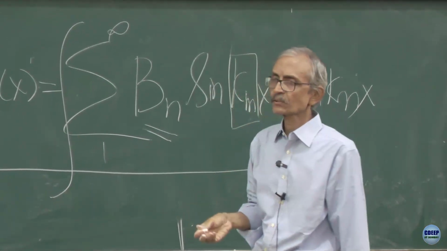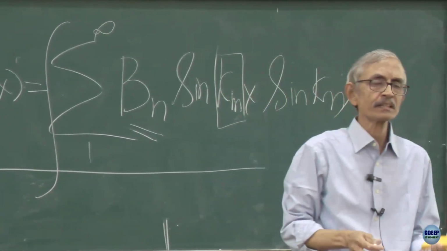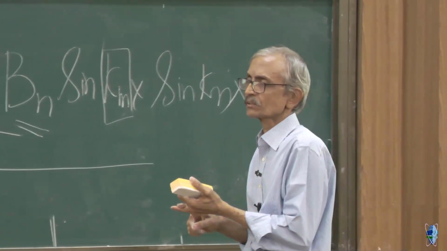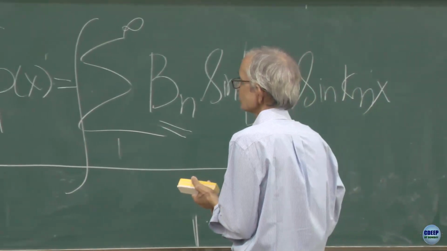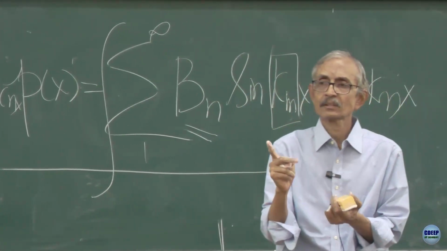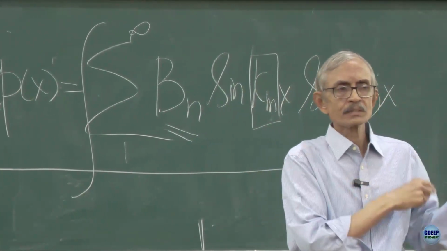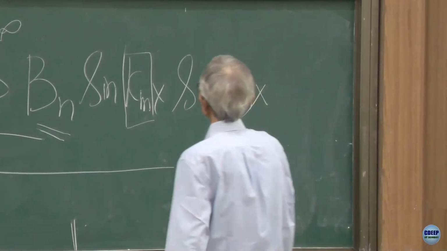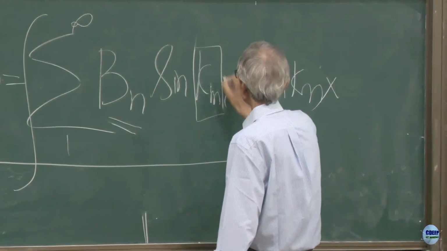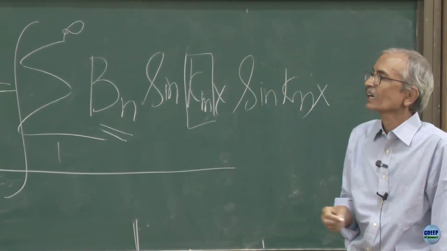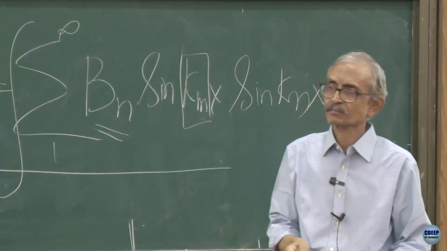Correct. They are actually not integers, which means that, remember the Fourier series when we talked about, we said that those were basis functions because they were orthogonal. They were normal, that was a convenience. But orthogonality is what you are going to be using here. So if Km and Kn are not integers, I can't do much.